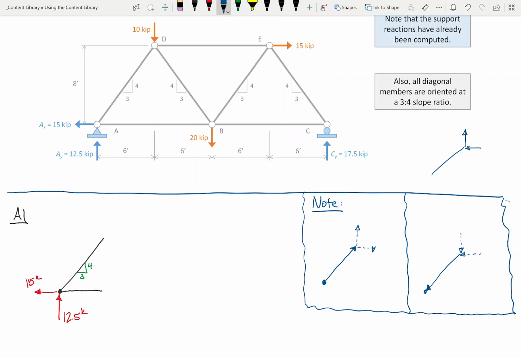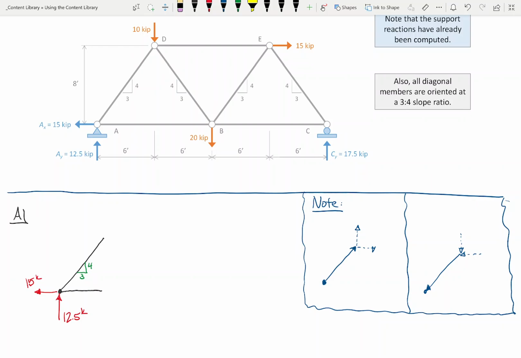Does this make sense? No, this doesn't make sense, right? This is wrong. So the idea is that if here's my joint, my x and y components either need to both be away from the joint or they both need to be pointing towards the joint. Does everybody see that?